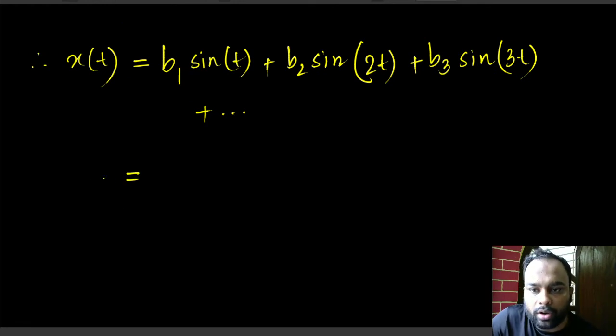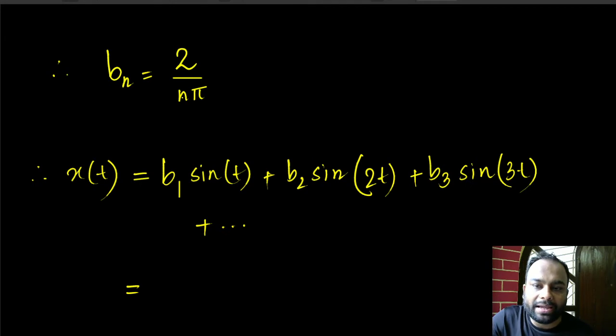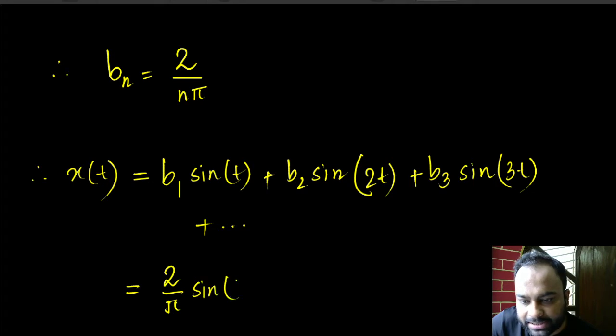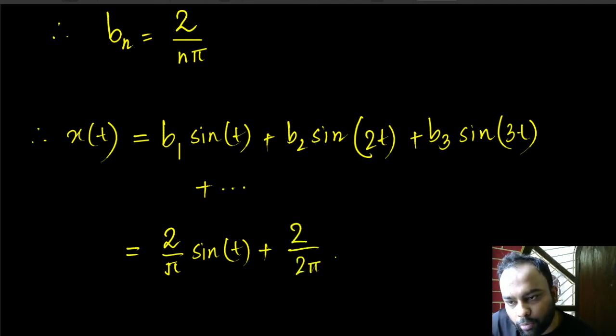And we already know that bn is 2 by n pi. So what is b1? It's 2 by pi. So I have 2 by pi sine t plus. What is b2? b2 is 2 by 2 pi. So 2 by 2 pi sine 2t plus.